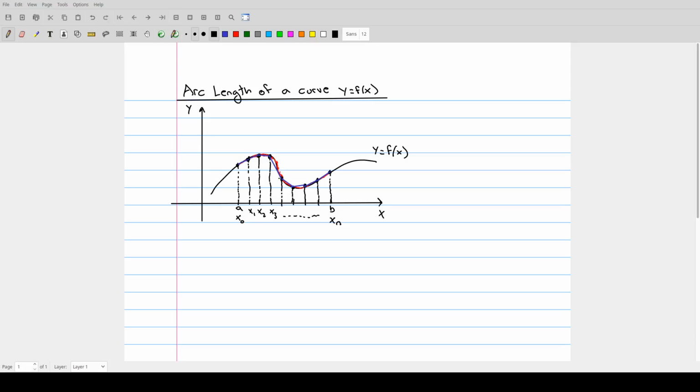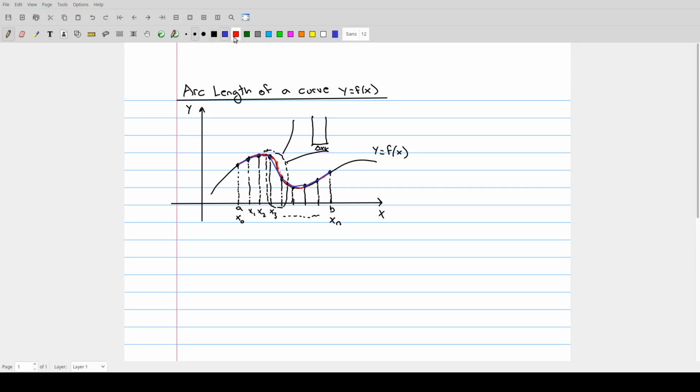So if we take one of these rectangles as an example and blow it up into a bigger piece, you have here a rectangle of width delta xk.